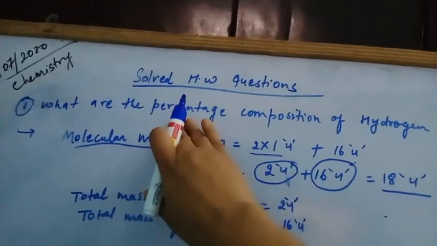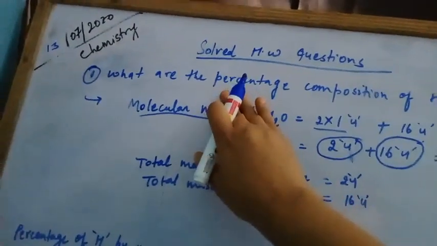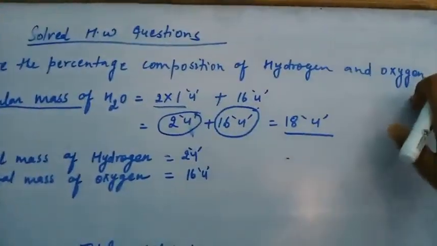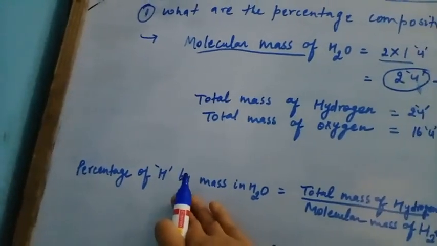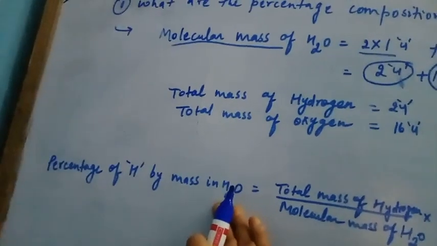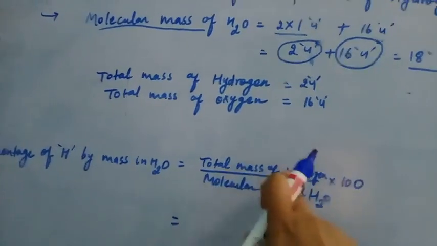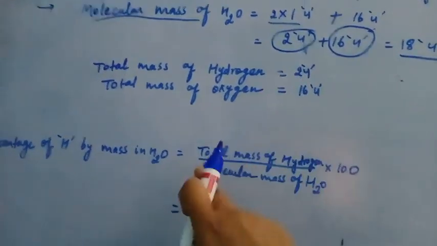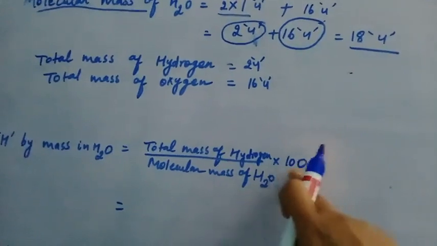First we will find out the percentage composition of hydrogen in water, and then the percentage composition of oxygen in water. So the percentage composition of hydrogen by mass in water is equal to the total mass of hydrogen divided by the molecular mass of water, into 100.